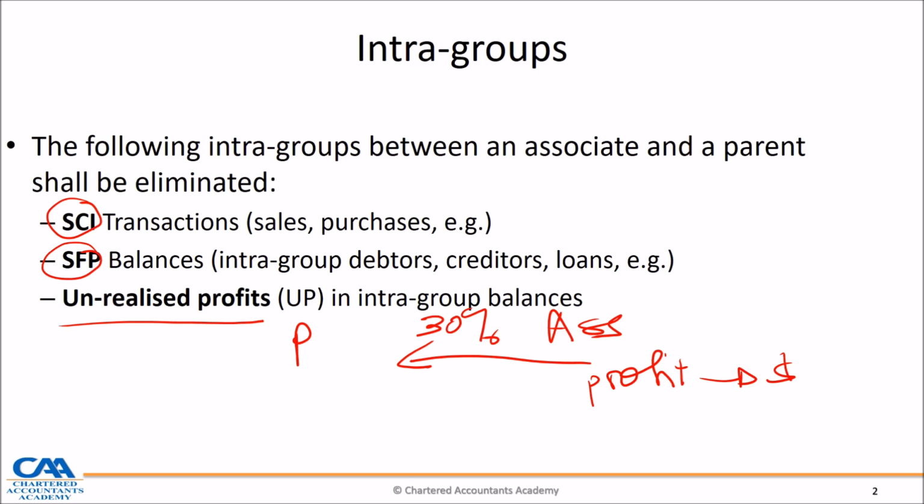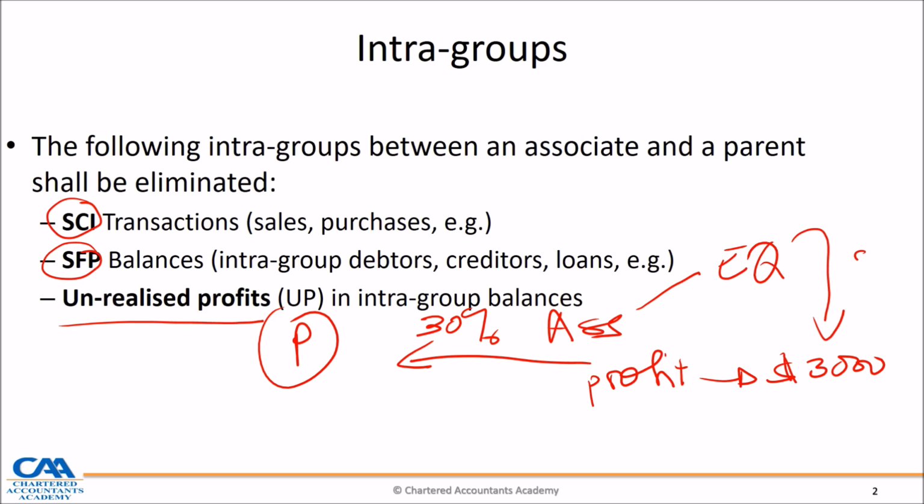Let's assume the profit is 3,000. Remember P accounts for the associate using the equity method, and the equity method says P should take a share of profits to the extent of 30%. So any profit which has been made by the associate, P will take 30% of that.